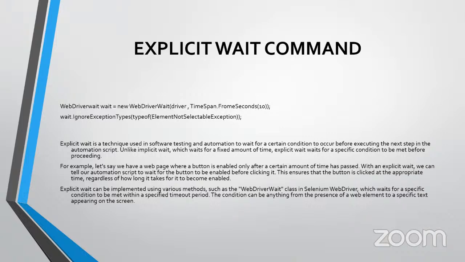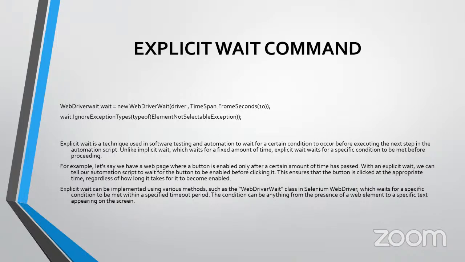Explicit wait can be implemented using various methods, such as the WebDriverWait class in Selenium, which waits for a specific condition to be met within a specific timeout period. The condition can be anything from the presence of a web element to a specific text appearing on the screen.